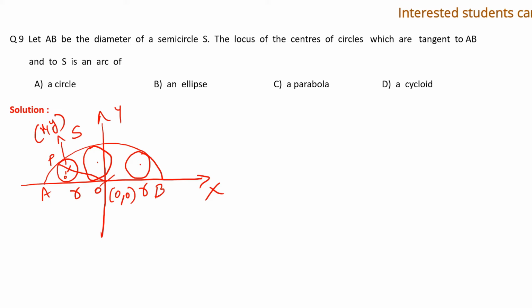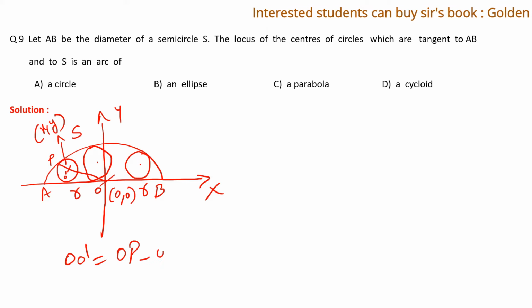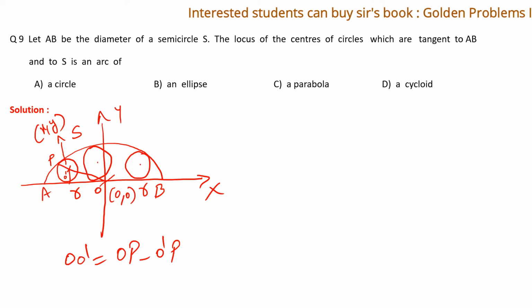Now we know that whenever two circles touch each other internally or externally, then their centers and their point of contact are always collinear. That means O dash and P will be collinear. So I can say OO dash equal to OP minus O dash P. Now students, if I draw perpendicular from O dash onto AB, clearly it's going to be of the length y.